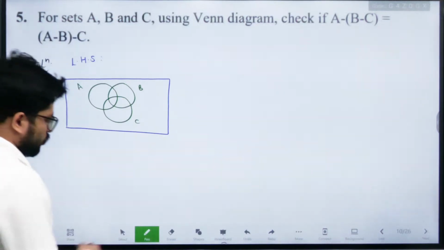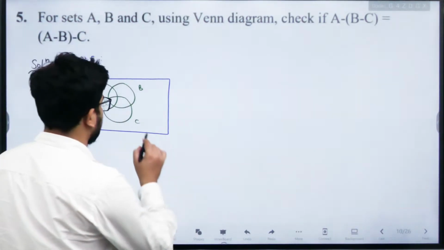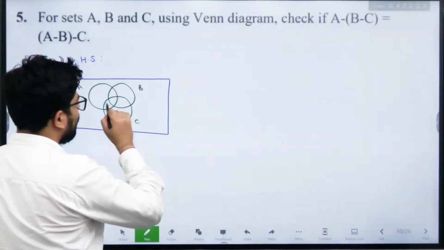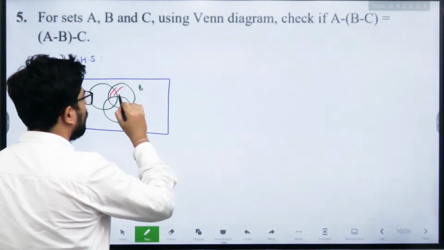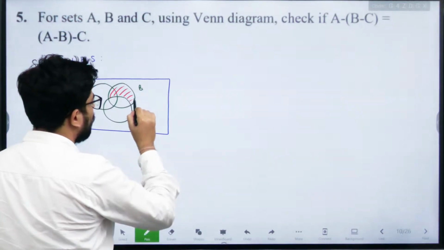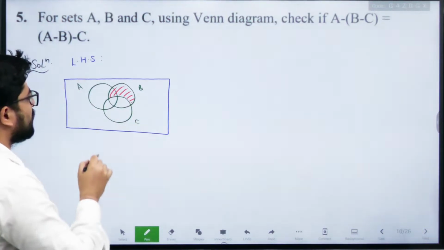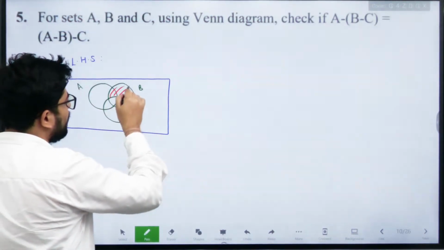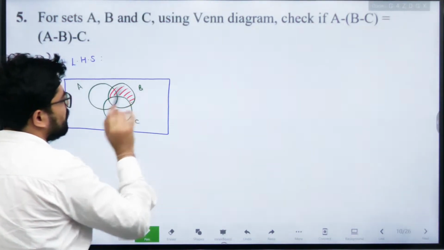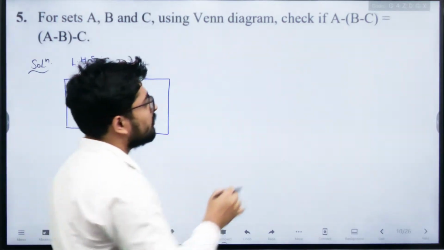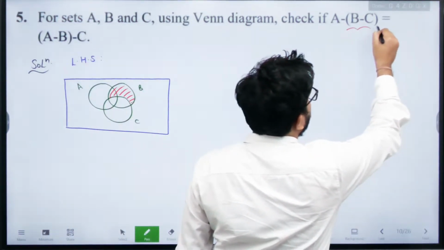B minus C is this portion. Total B is here, and if you eliminate your C elements, you will get this B minus C.